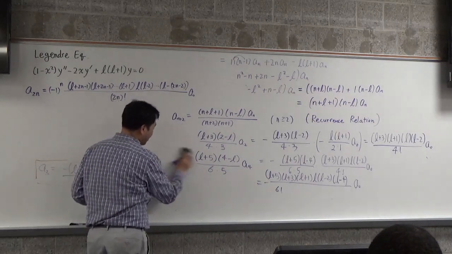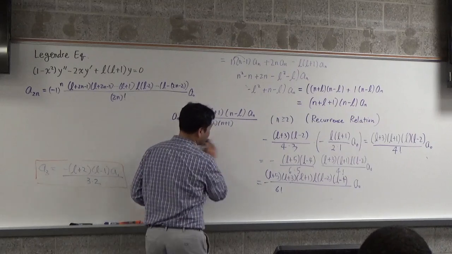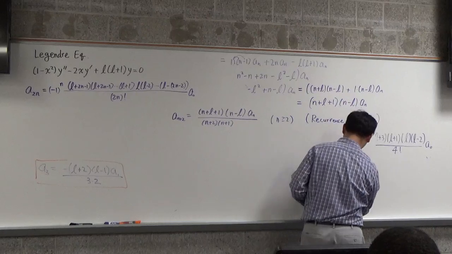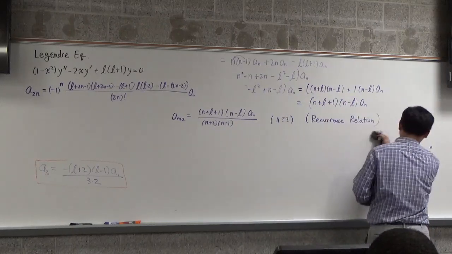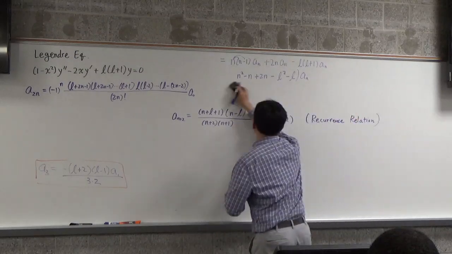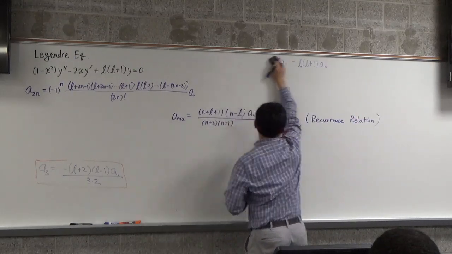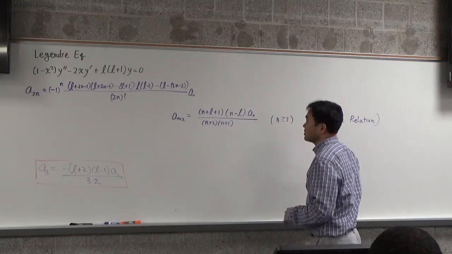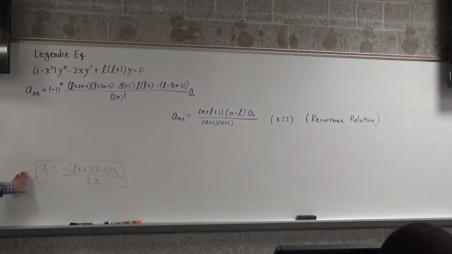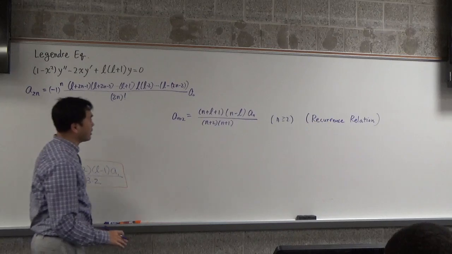Alright, now let's erase this part. And we have to work on the odd cases. Let's work on the odd cases. Again, we use this along with this for n equals to odd.